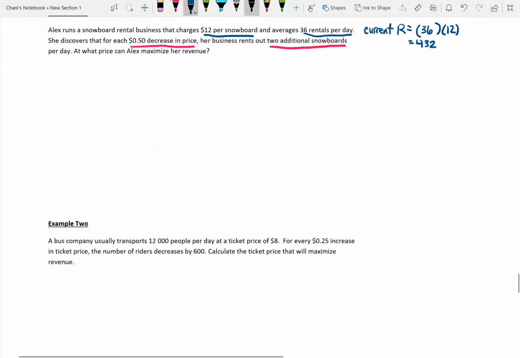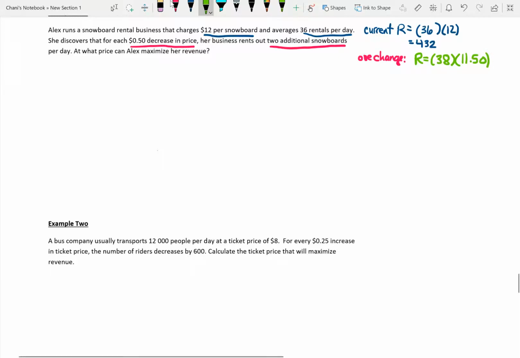Now, what if there is one change? One change means a 50-cent decrease in price and 2 additional snowboards. So then she'll have 38 snowboards at $11.50 per snowboard.